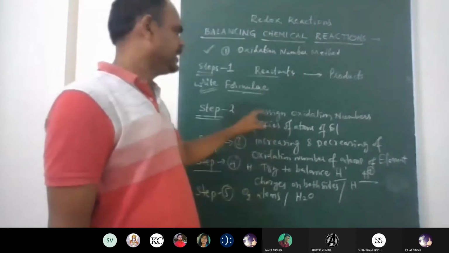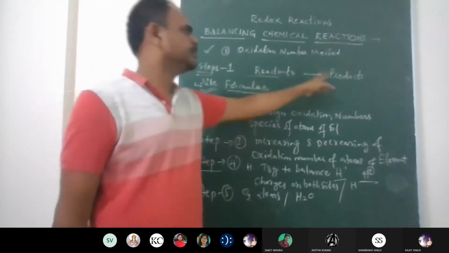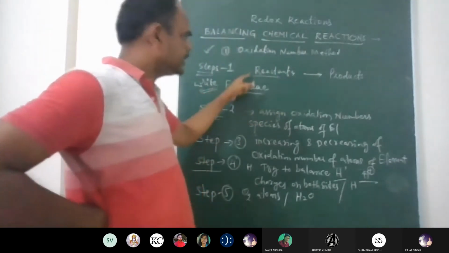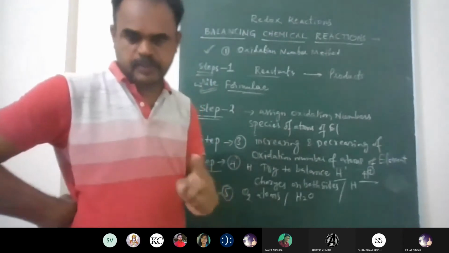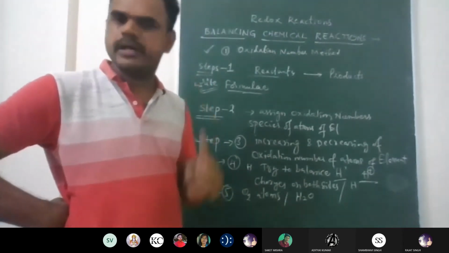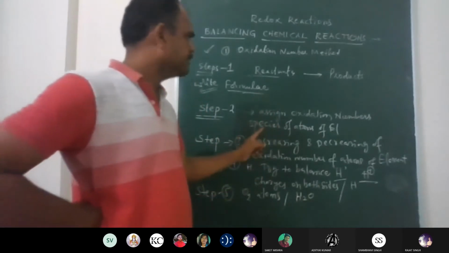That means we should identify the different atoms of the elements in the reactants and products. After identifying, we will assign the oxidation numbers. Already you know how to assign the oxidation numbers, how to find the oxidation numbers for the atoms of the elements.